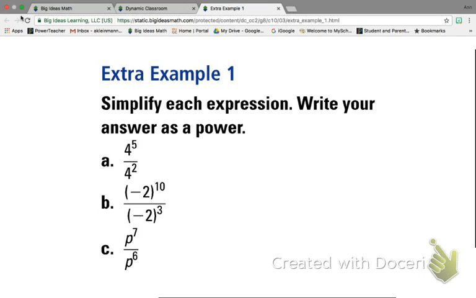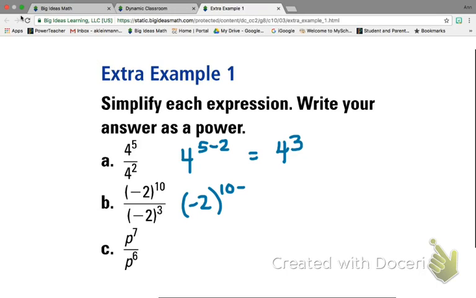So let's give these a try. Simplify each expression. Write your answer as a power. So in A, since the base is 4, we could write 4 to the power 5 minus 2, which simplifies to 4 cubed. For part B, the base is -2.